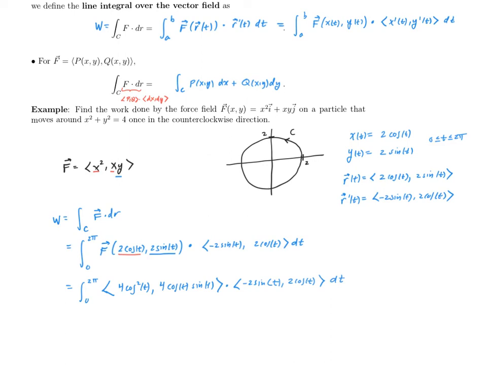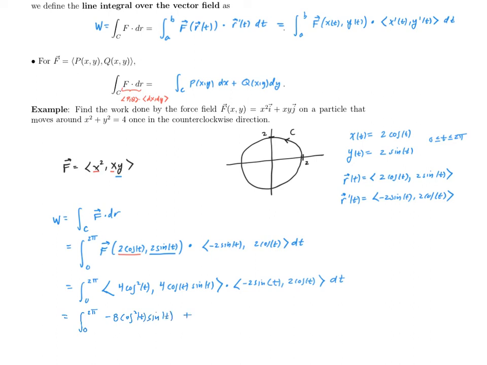Evaluating this is now hopefully a reasonable exercise. If we go ahead and first compute the dot product, remember we multiply together the corresponding components and add up, we would have minus 8 cosine squared sine of t when we multiply together the first components.